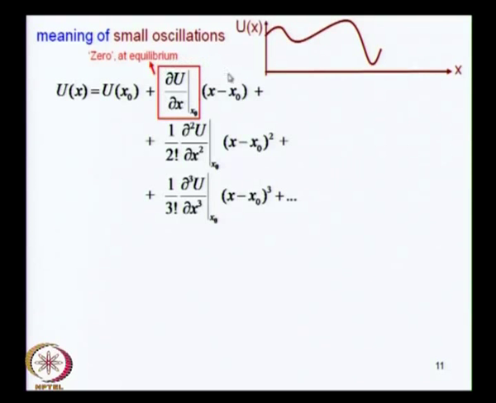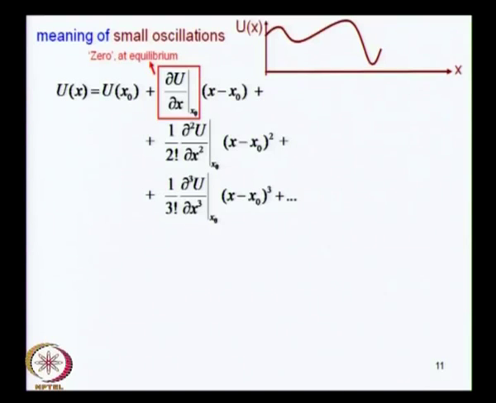And now this term having vanished, the potential at a neighboring point near the equilibrium is then given by the value of the potential at the equilibrium point plus this second order term and the third order term, and so on. Now the next term will be x minus x0 to the power 4, the one after that will be x minus x0 to the power 5, and so on.